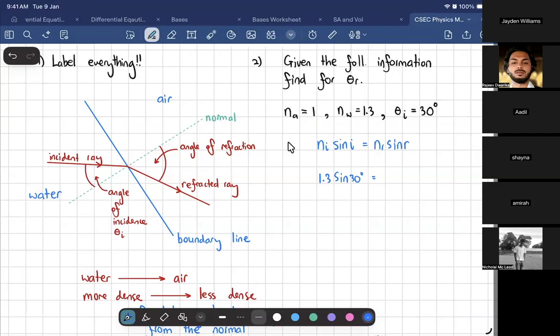Why do you want to put 1? Because it's in the air. Yeah, it's in the air, right? So you gotta put 1. The refracted ray is in air, right? And do we know the angle of refraction? No. So I'll leave that blank.